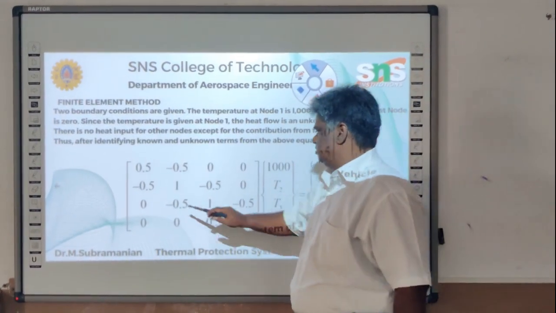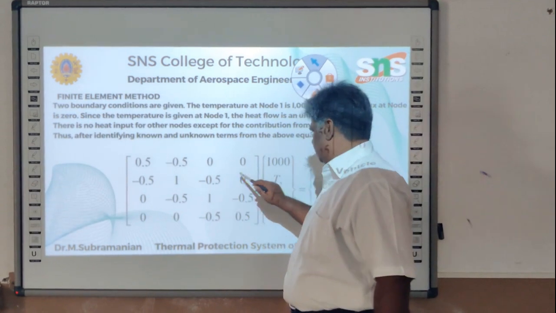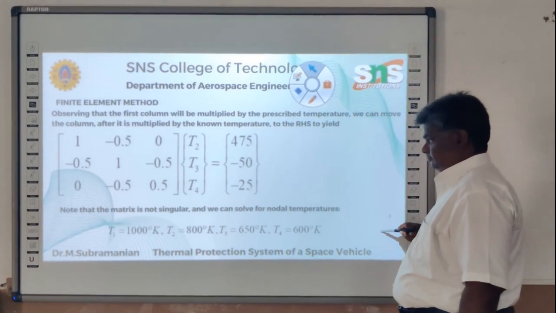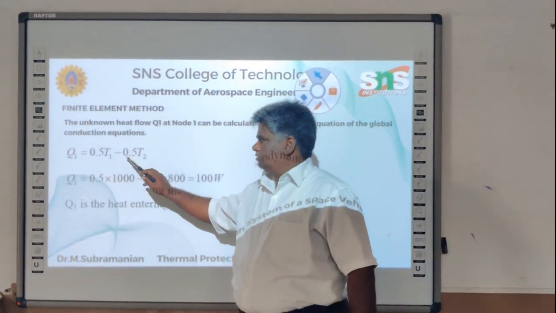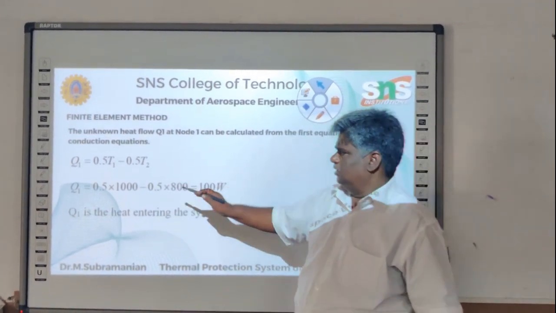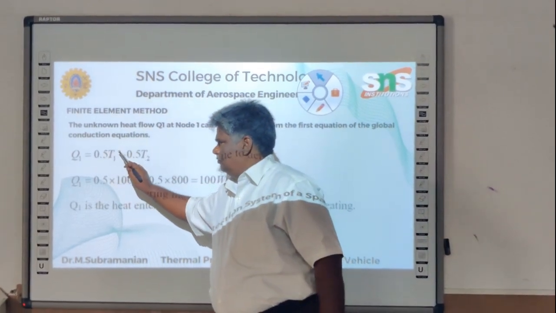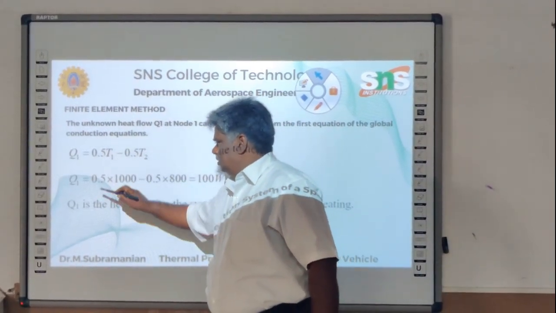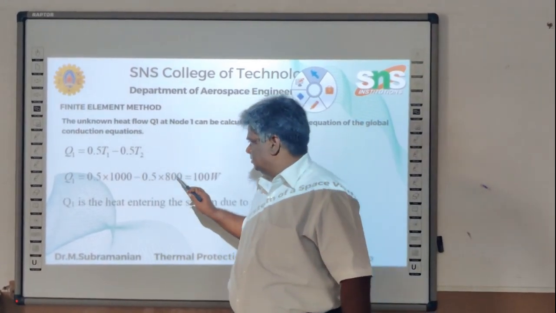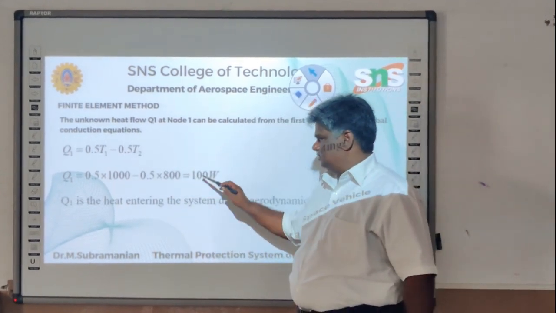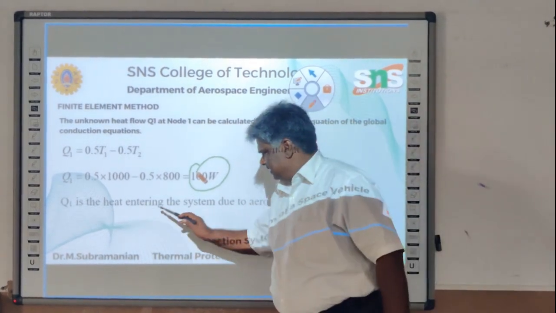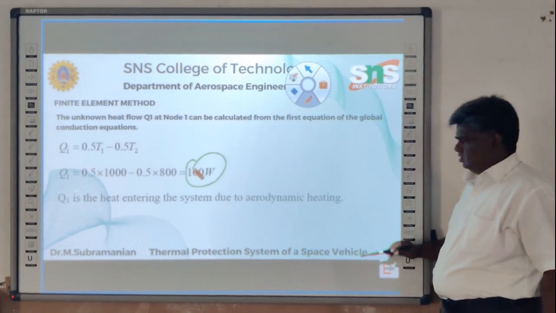From the first row of the global system of FEA equations, you can generate Q1 equal to 0.5 T1 minus 0.5 T2. T1 is already given as a known value, 1000. Then T2 is the evaluated value, 800, giving 100 watts. Q is the heat entering the system due to aerodynamic heating.